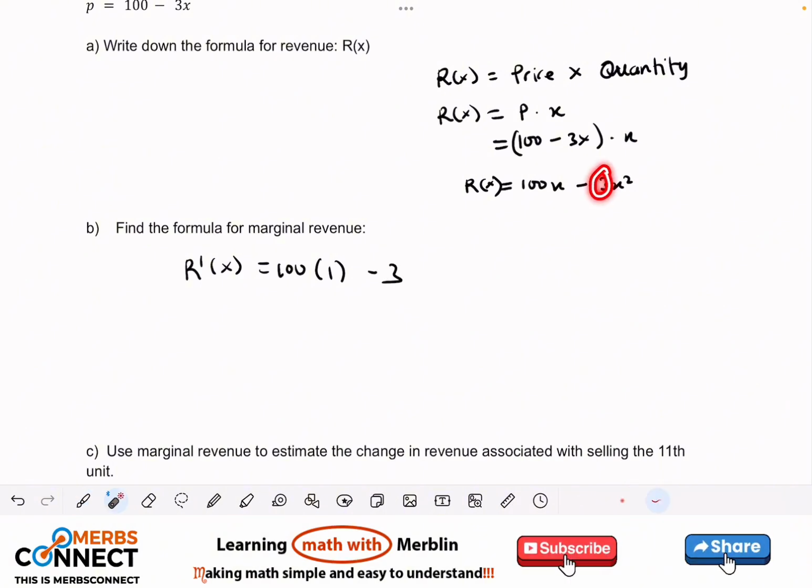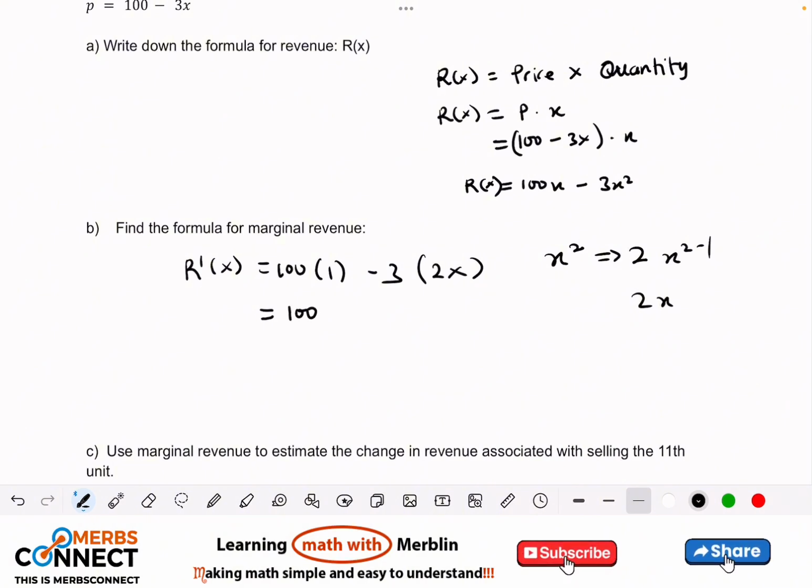Then I need to differentiate X squared. From the power rule, 2 drops down, then X to the power 2 minus 1, which gives us 2X. So this is going to give us 100 minus 6X. So this is the marginal revenue.